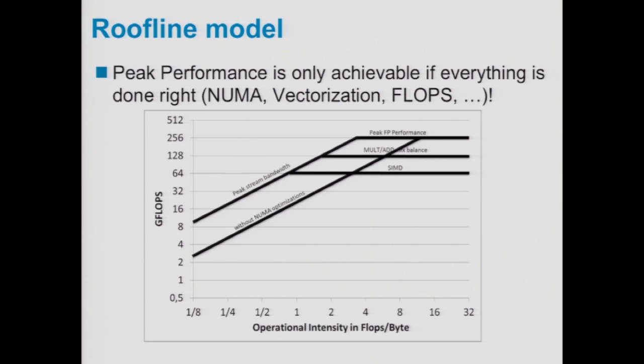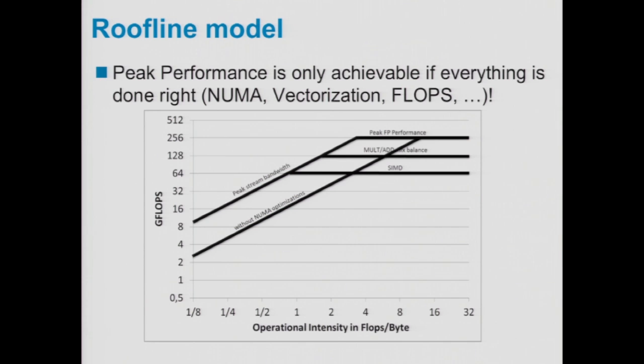So this is a sort of abstract cartoon talking a little bit about some of the things you might need to get right in your application to achieve highest performance. If you don't do NUMA optimizations, you may hit one limit because you're always bottlenecking on that particular memory bus. If you do the optimizations, you can get up to the next level where you're running your memory buses in parallel.